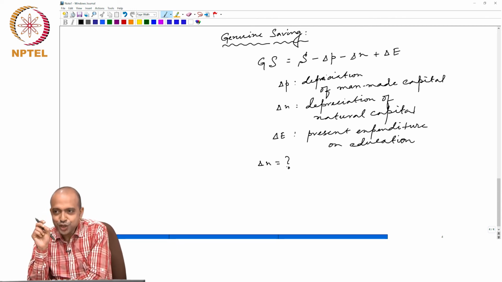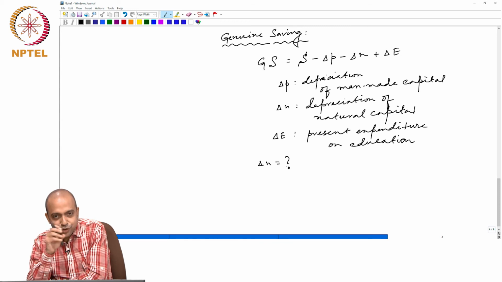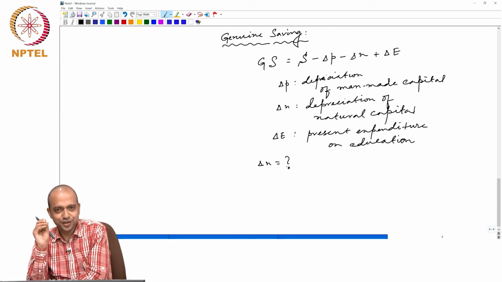Now, depreciation of natural capital can actually happen in three ways. In the process of economic development, we extract renewable resources, we extract non-renewable resources, and we generate pollution.